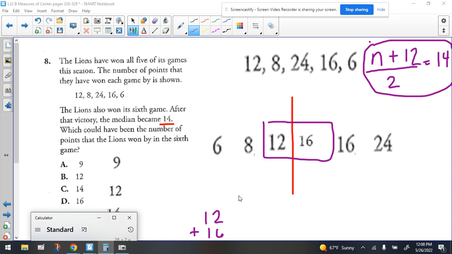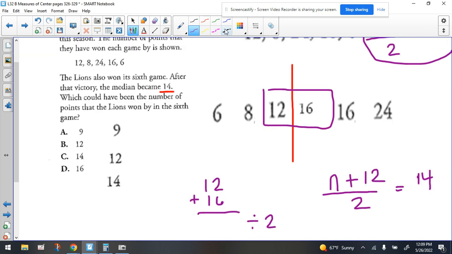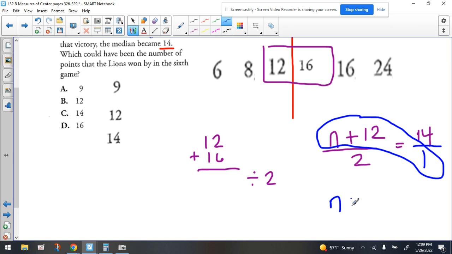But I do want to explore the idea of what if you used algebra? If we used algebra, I'm going to rewrite this equation, this one I have over here. We had n plus 12 divided by 2 equaling 14. And some people like to use cross products for this. So let's explore the idea of doing that. If we did this cross product, this times this would still equal n plus 12.